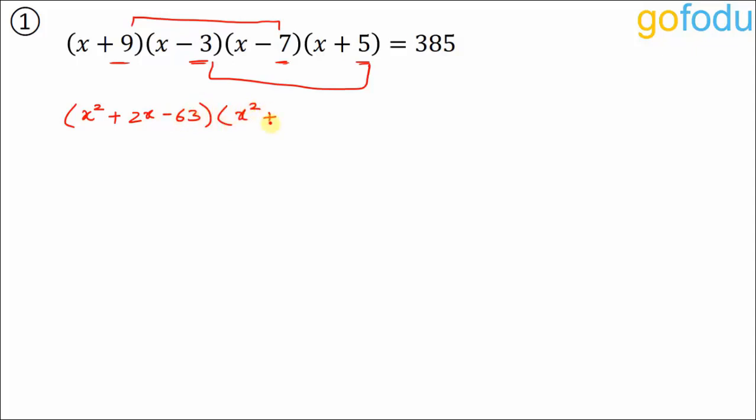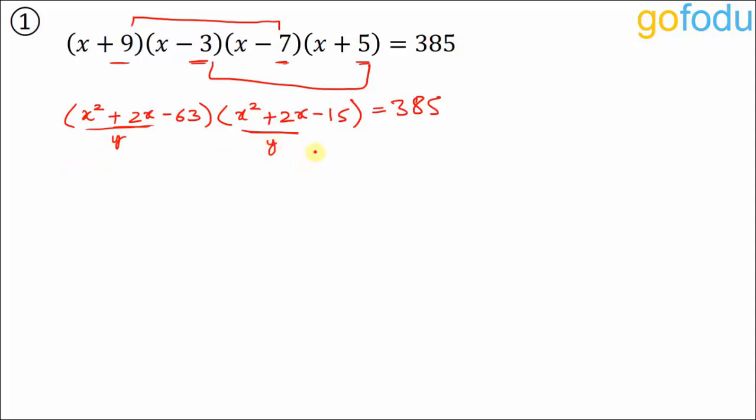So let's start. x plus 9 into x minus 7 will be x square plus 2x minus 63, into x square plus 2x minus 15. This is equal to 385. Now x square plus 2x is there in both the terms, so we are going to replace this with y.